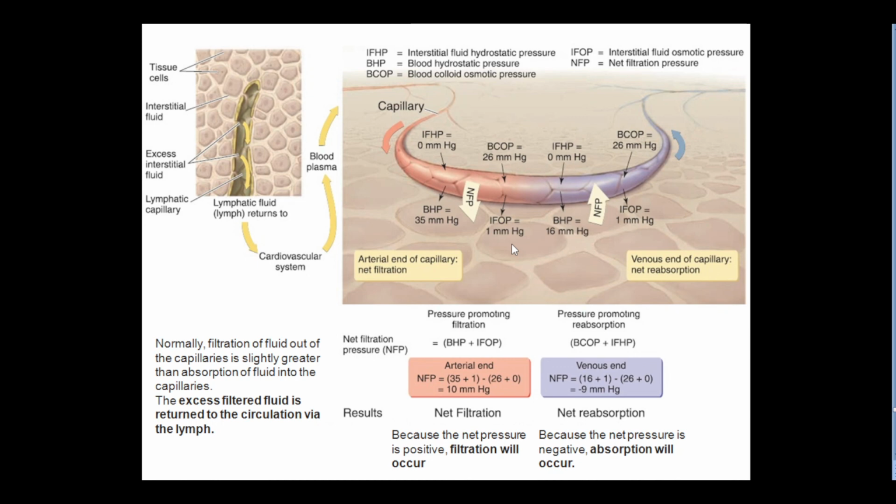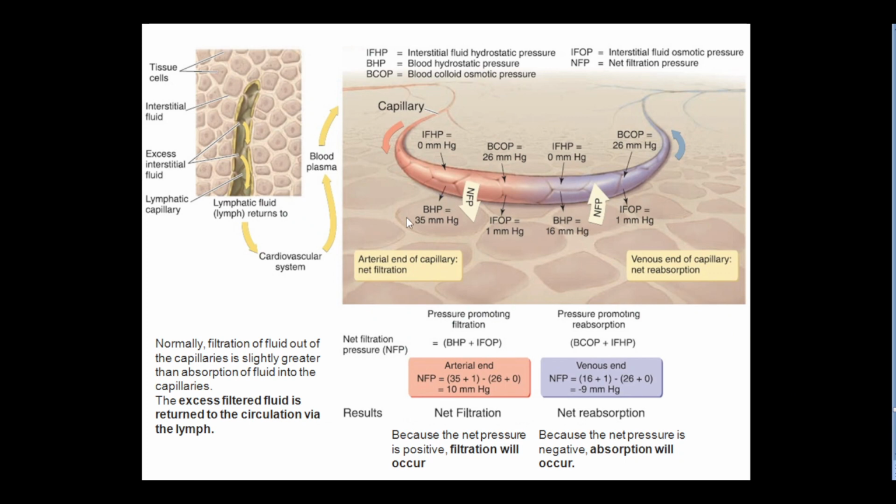And if you put these values into the formula, you can see the formula is a little bit different. Why is it different? Because instead of subtracting, they're adding. So in the first brackets, they're using all the pressures which promote filtration.